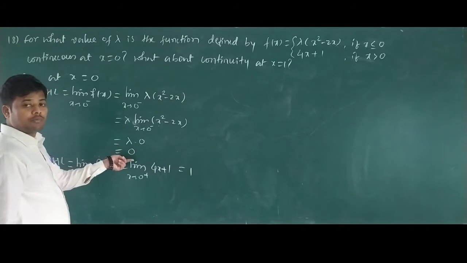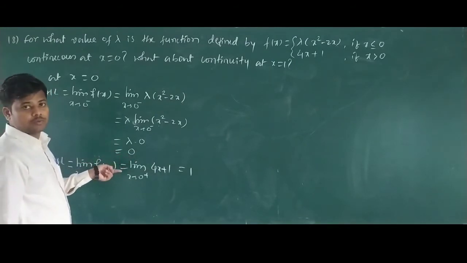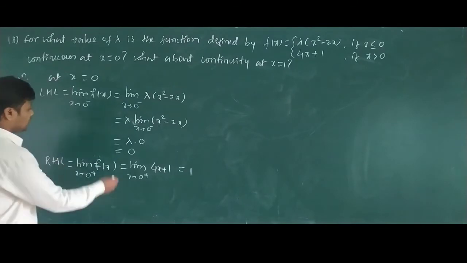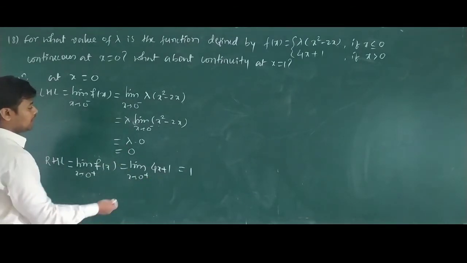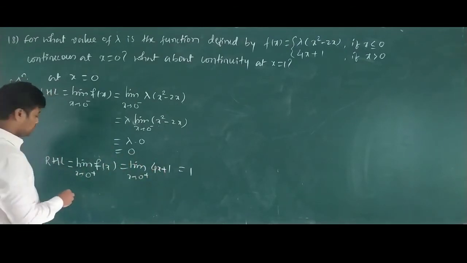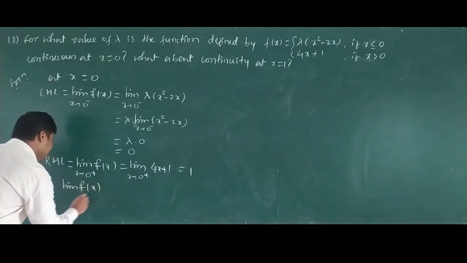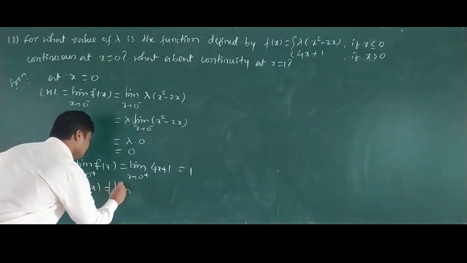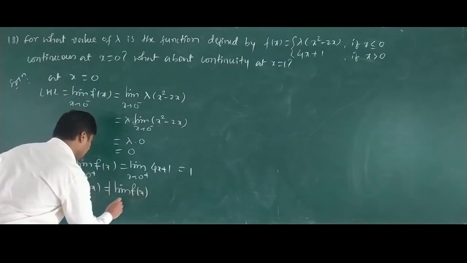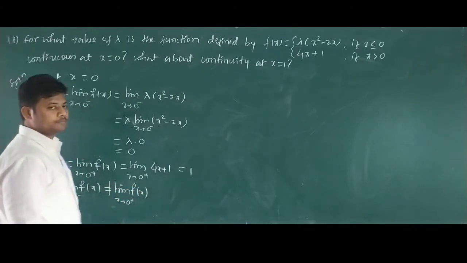For no value of lambda is this function continuous at x equal to 0. Since 1 is not equal to 0, limit of f of x as x tends to 0 minus is not equal to limit of f of x as x tends to 0 plus.